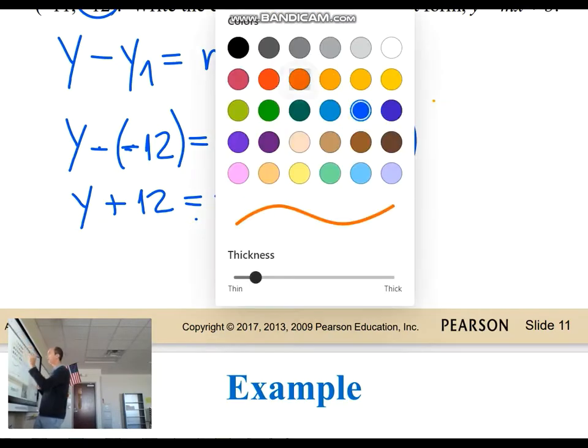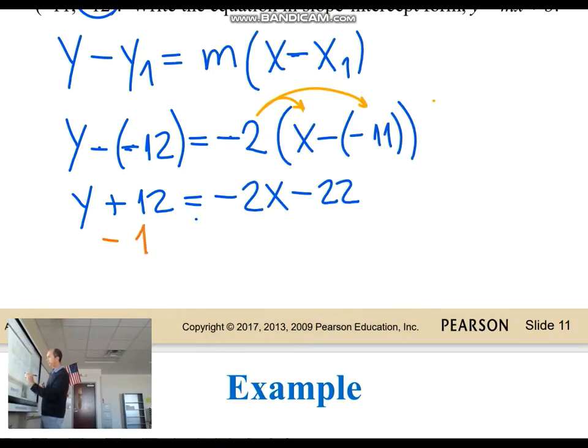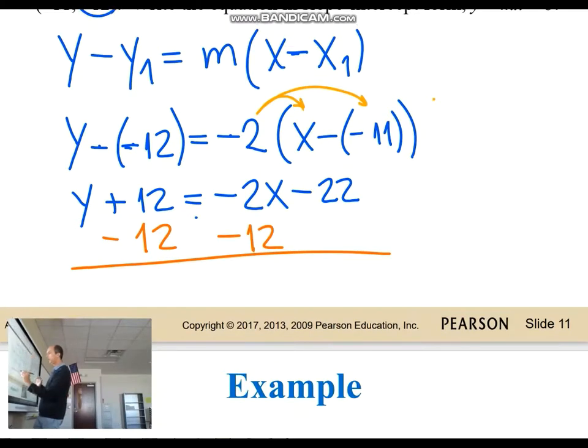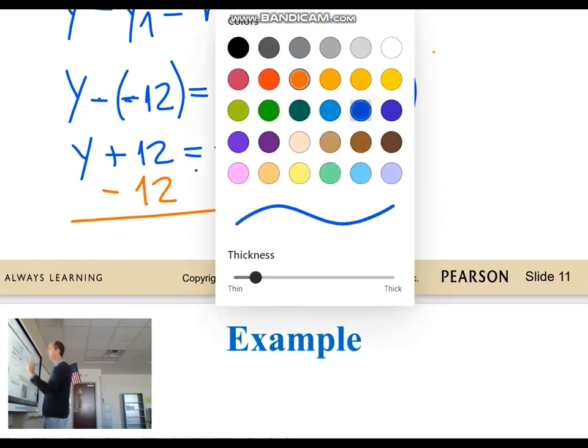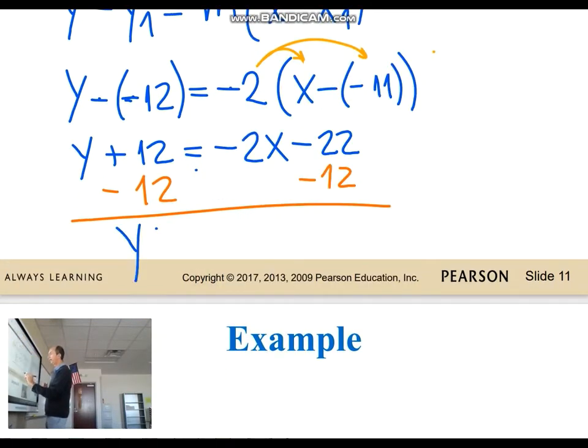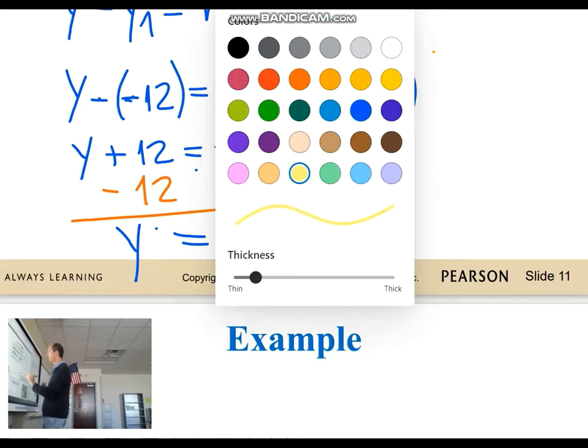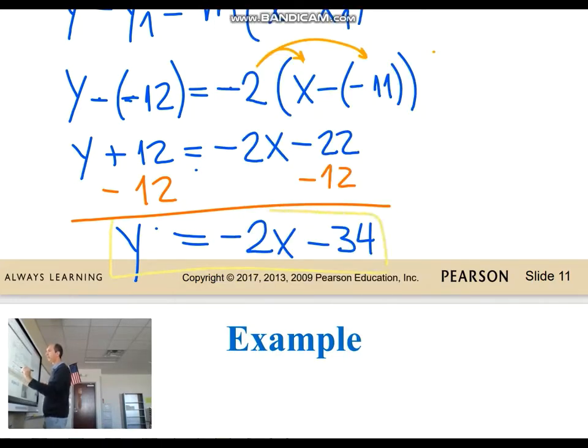So let's get rid of this plus 12 by adding negative 12 on both sides. And then we will have, as a result, y equals negative 2x, negative 22 minus 12, negative 34. That's the right answer.